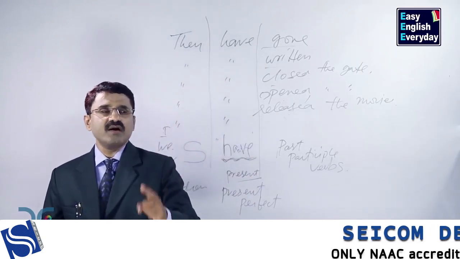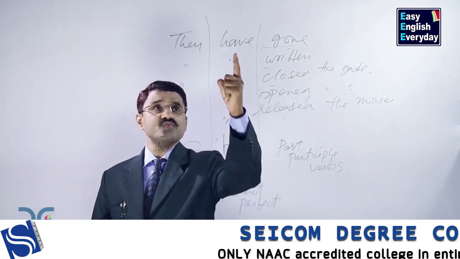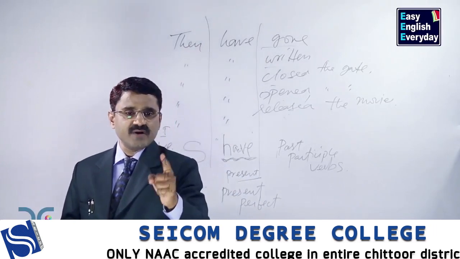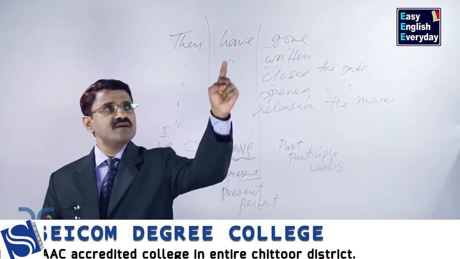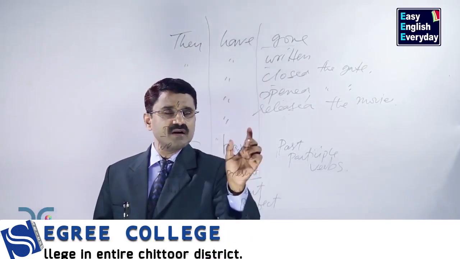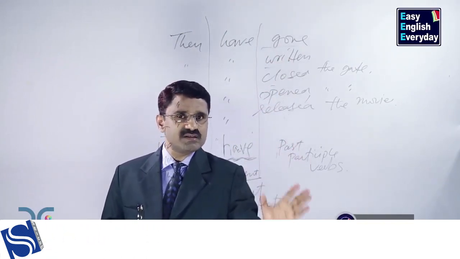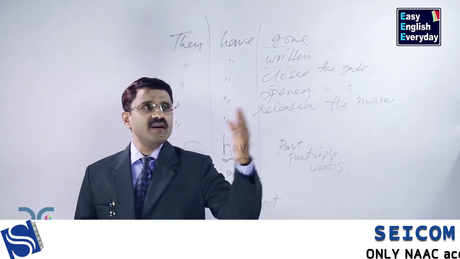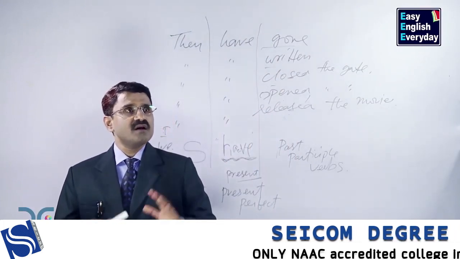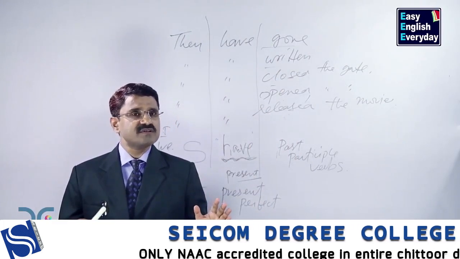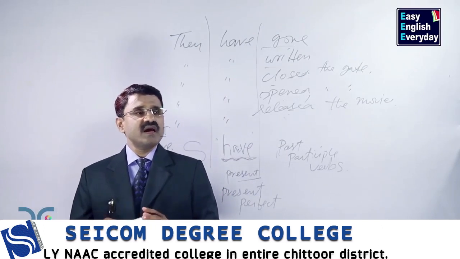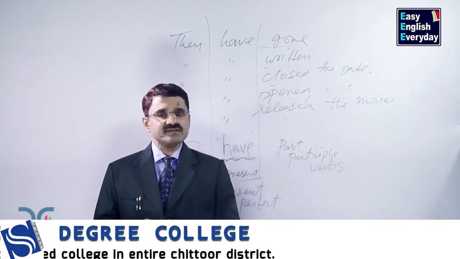Your job is to learn how to make a sentence with have. Take any one of these 5 persons, keep have in the middle, keep on adding as many past participles as possible, and you can make sentences. They have gone, they have written, they have closed, they have opened, they have released the movies.